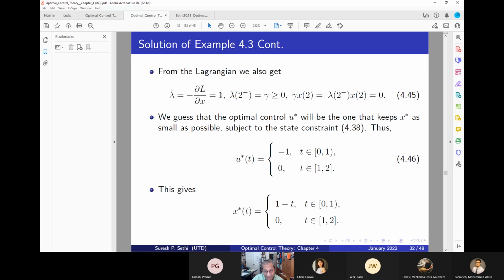If there's x on this side, lambda dot is going to change as x changes, right? So they are both going to be simultaneously changing, and so we cannot solve one without the other. And that's why we have a 2-point boundary value problem. So the examples that I give you sometimes are simpler than the general cases, and they might give you a feeling that everything is so easy and everything is fine, but it's not the case.